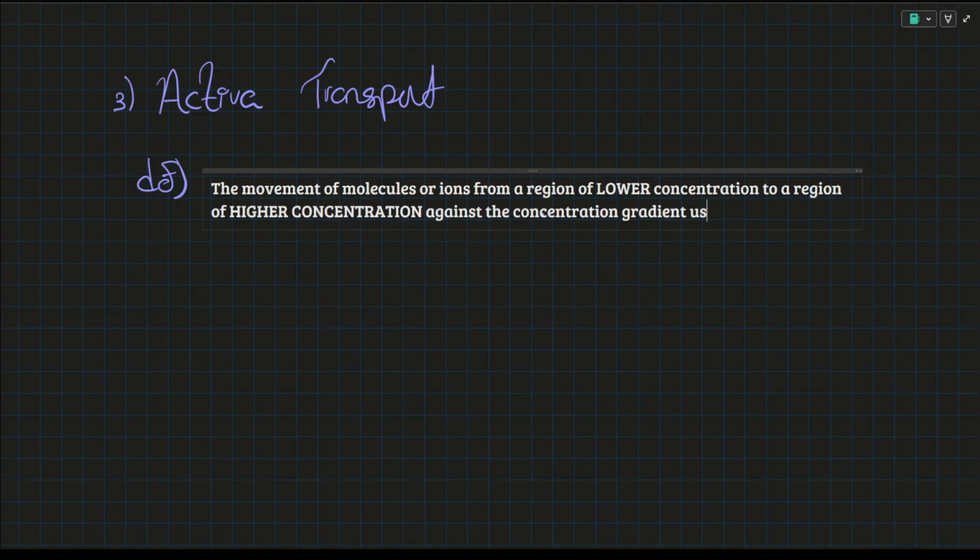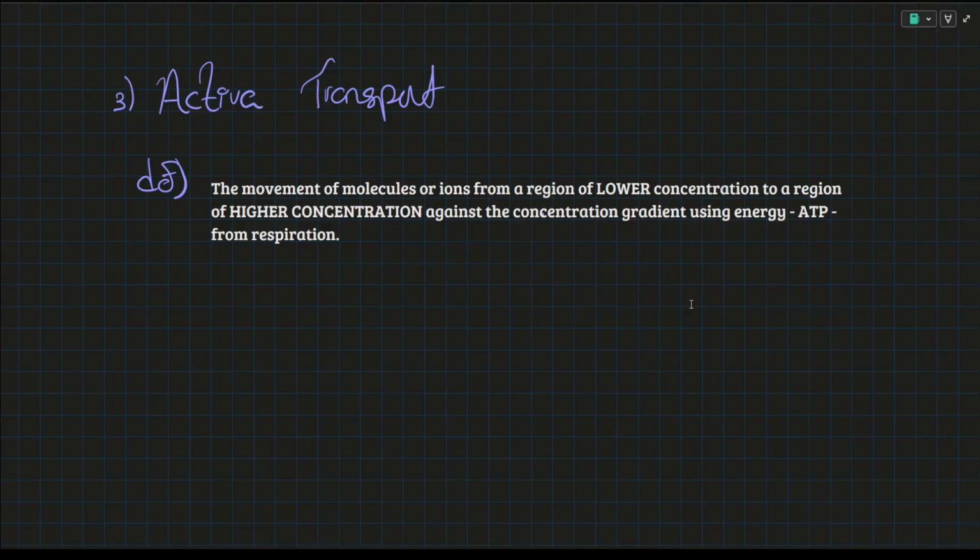For us to be able to do that, we need energy in the form of ATP, which we obtain from cellular respiration. Three key things to keep in mind. We're going from lower to a higher concentration.